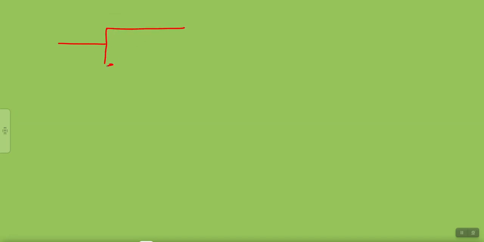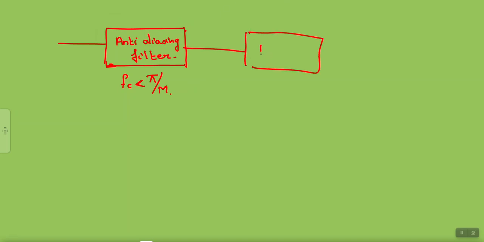So while doing a downsampler, there is a requirement of a filter, or an anti-aliasing filter, having the cutoff frequency fc less than pi by m, followed by a downsampler.